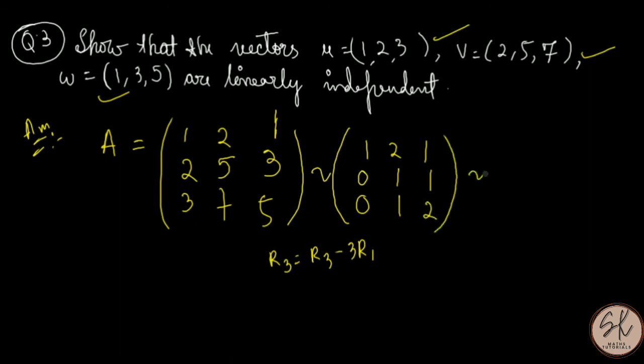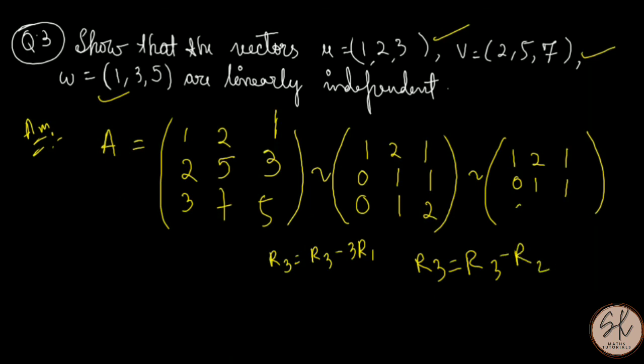So now this is 1 2 1, this is 0 1 1, and we can do r3 is equal to r3 minus r2, which will give us 0 0 1. So we can see that every row is non-zero.